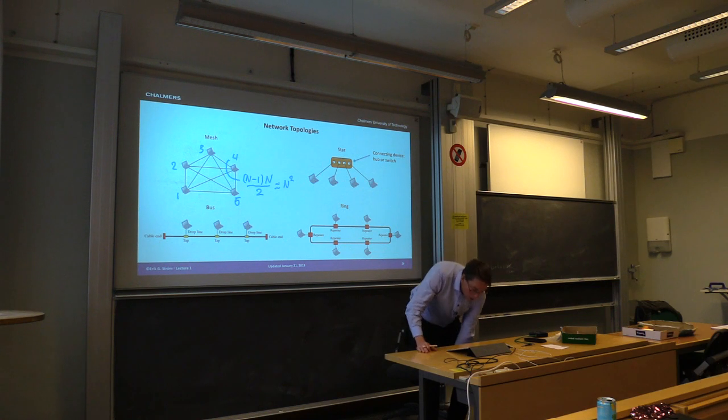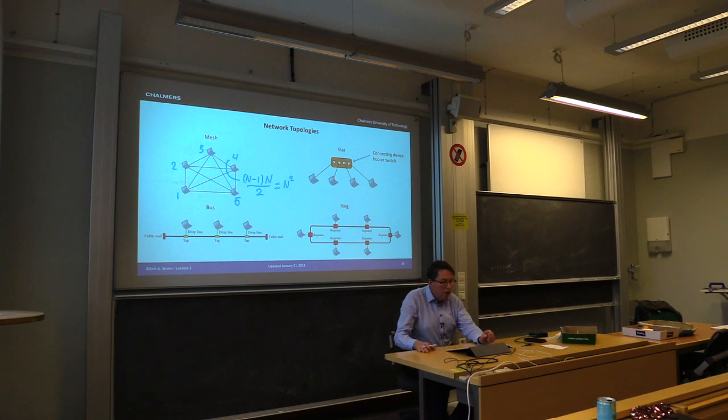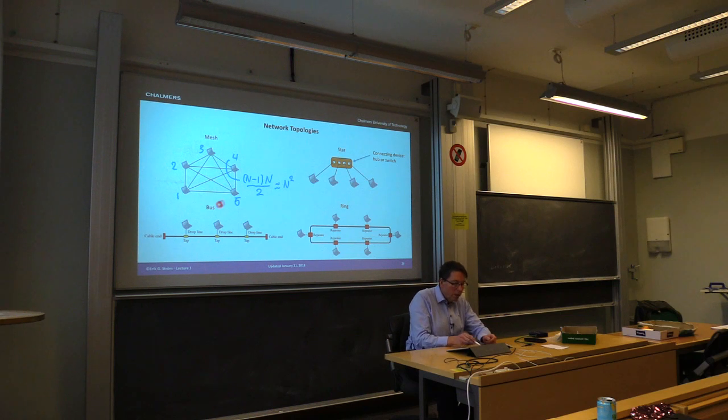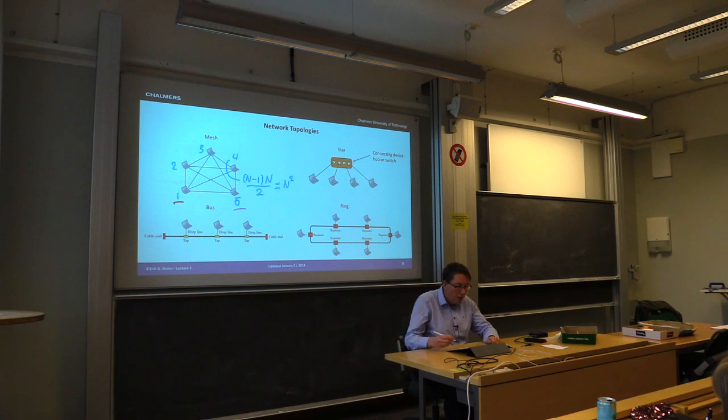Now, this is the most extreme case of a fully connected network, right? It's kind of expensive because we need many cables, but it's also very good because if one wants to talk to 5, the data will of course go this way.